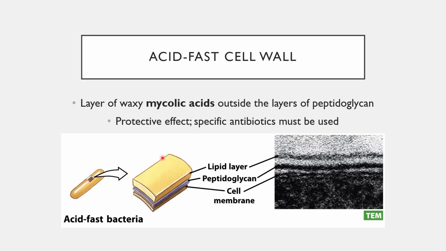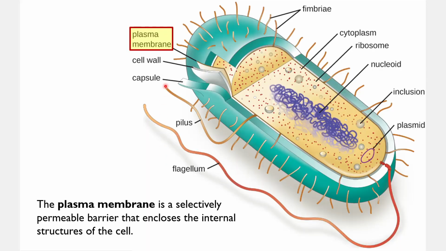So we're going to continue to move further inward on our model of the bacterium and talk about what lies underneath the cell wall, which is the plasma membrane. The plasma membrane is a selectively permeable barrier that encloses all of the internal structures of the cell. So once we are past the plasma membrane, we will officially be inside of the cell.